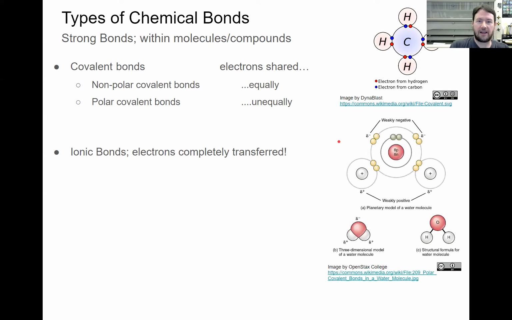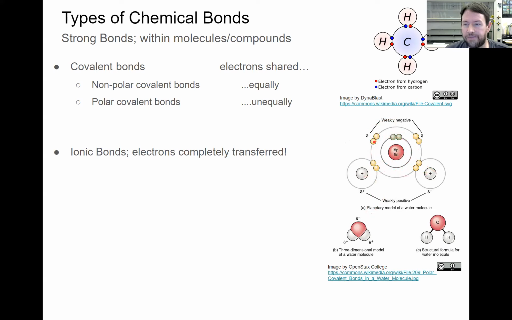Okay, what about a polar covalent bond? Well, this is one we are very much familiar with because this is water. Turns out, if we look at the electron diagrams for water, we have 8 protons and 8 neutrons for your typical oxygen nucleus, and just a single proton for your typical hydrogen nucleus.